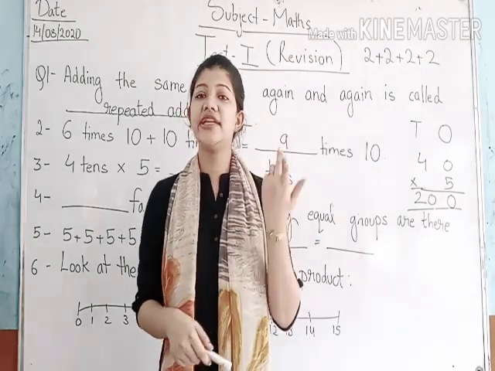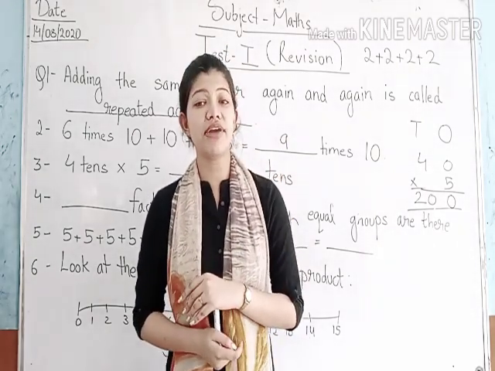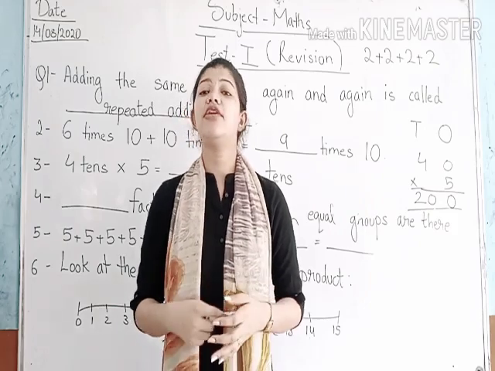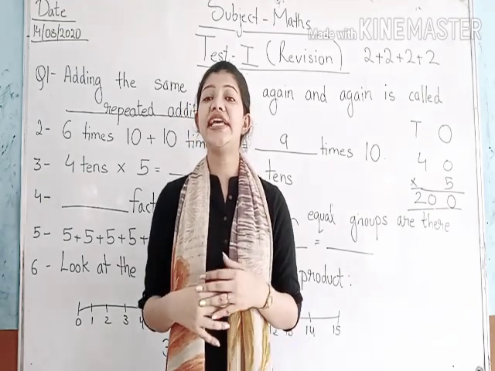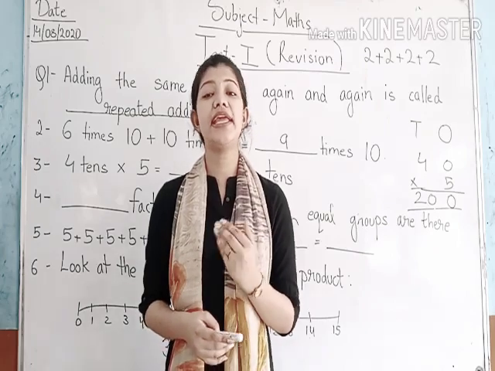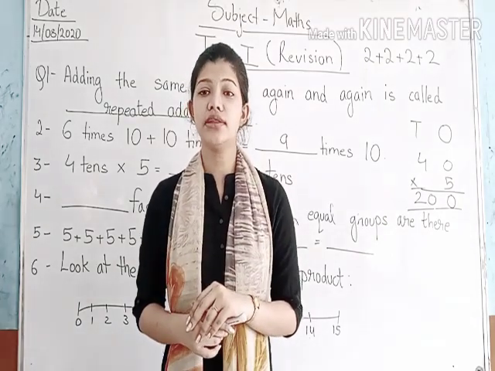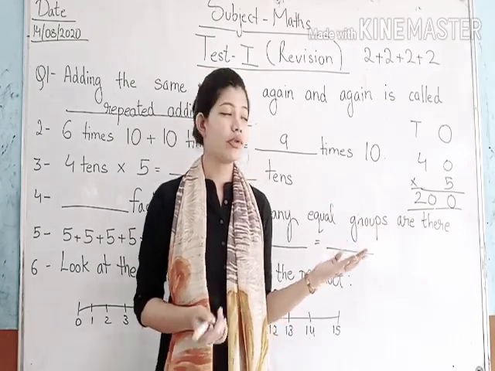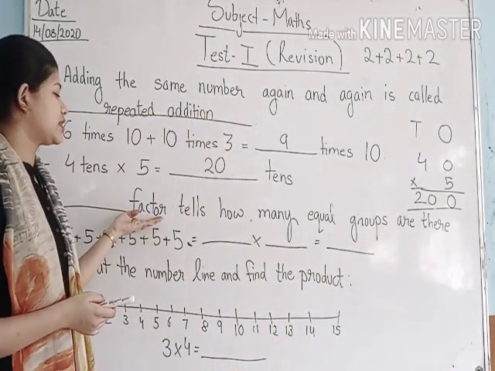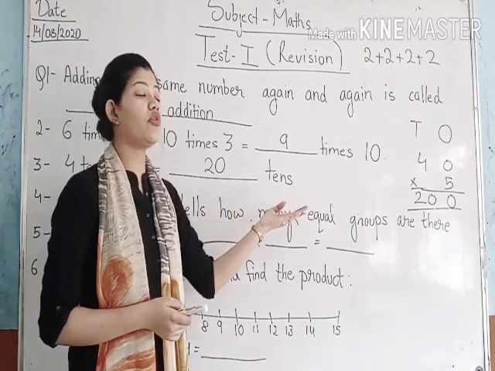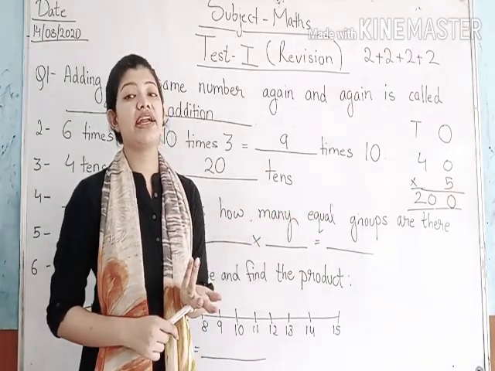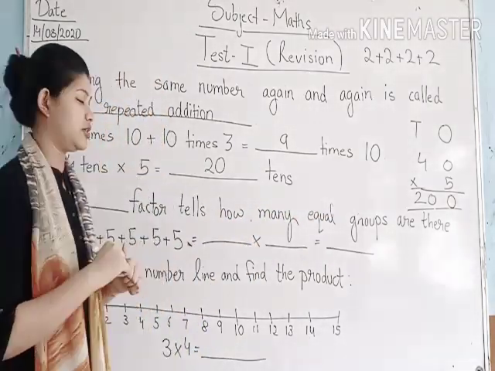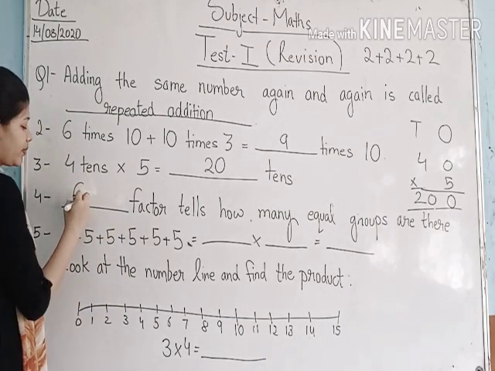The first factor tells us how many equal groups are there. So our answer will be first.